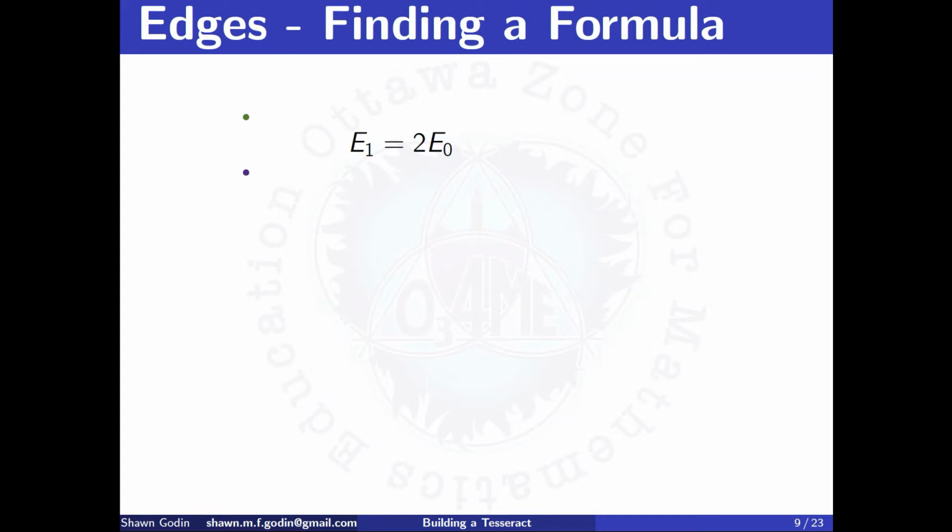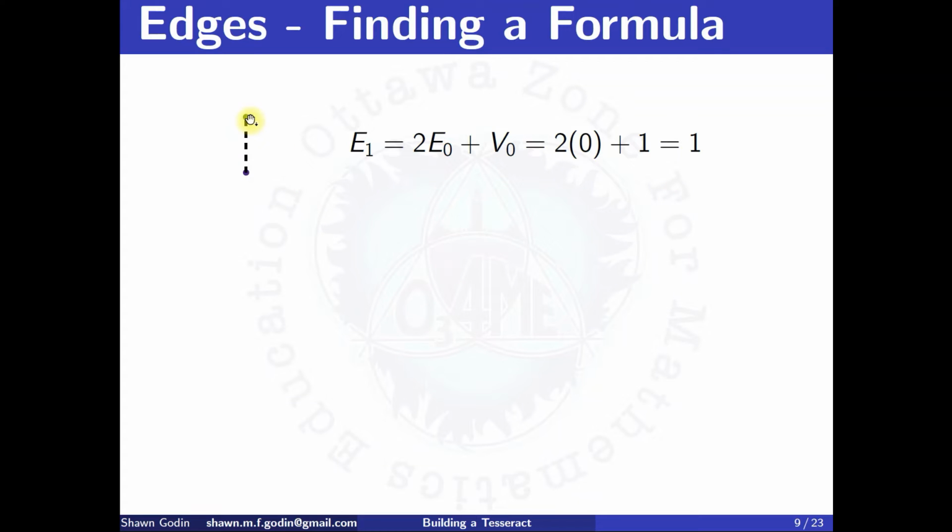So 0 dimensions, we had a point. There's no edges on that. For 1 dimension, we're going to double what we had for 0 dimensions. So we're going to double the number of edges we had before, but we didn't have any edges before.